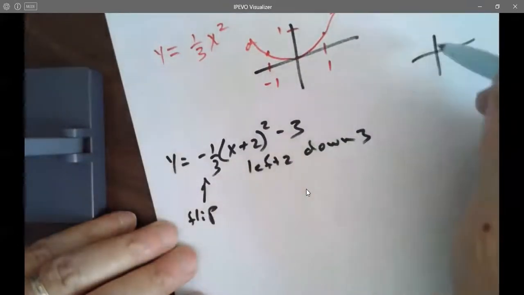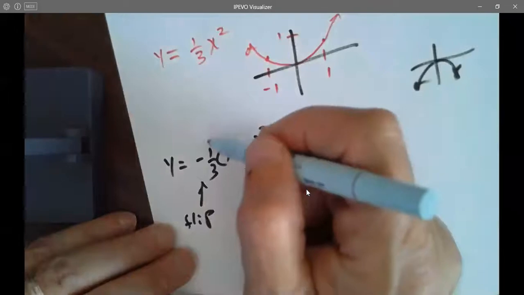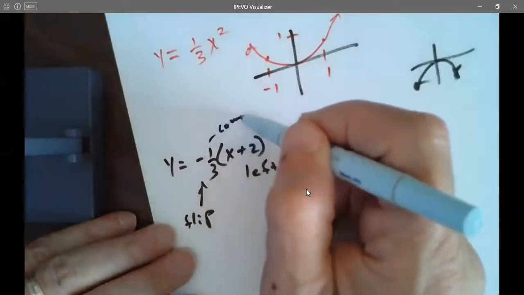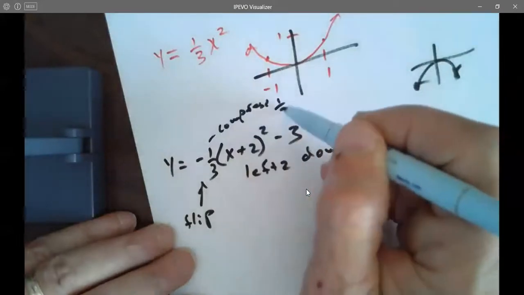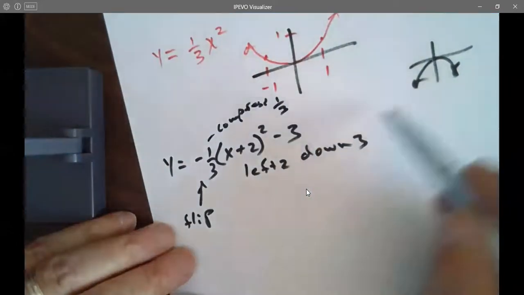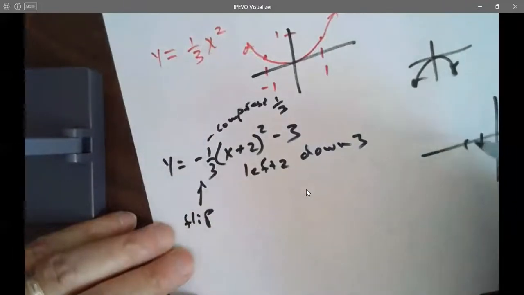I always like to start with knowing that it's going to be down, and this 1/3 means it's going to compress vertically by a factor of 1/3. So this will be left 2, down 3, and it's going to open down.